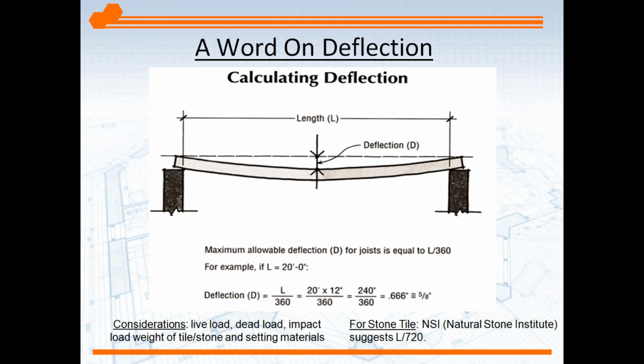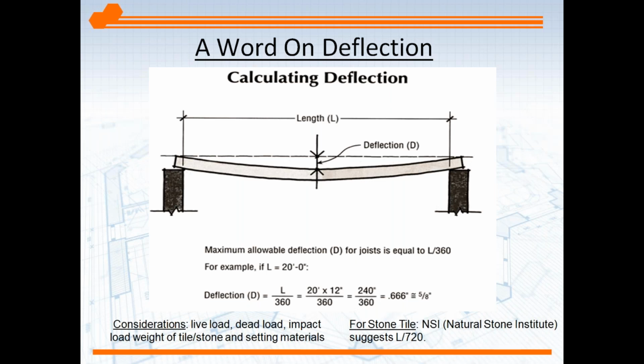Now you need to make considerations. Again, this is oversimplified, for live load, dead load, impact load, and the stone setting materials, the weight of the materials themselves that make up the flooring product. On the right, you'll see for stone, the Natural Stone Institute, which used to be the MIA, by the way, the Marble Institute of America, it's now the NSI, suggests L over 720 for stone.